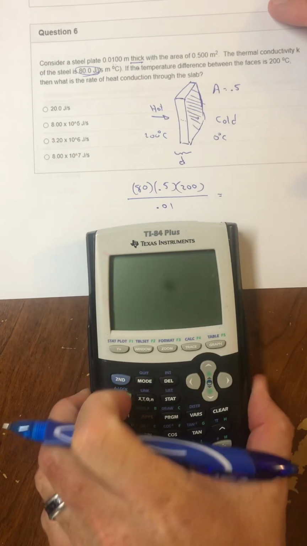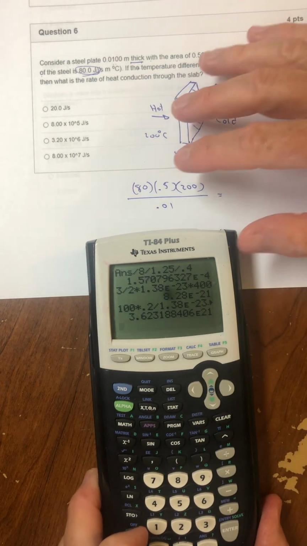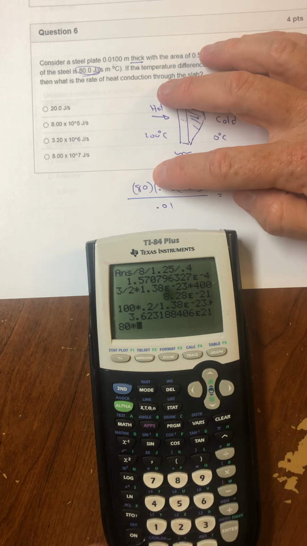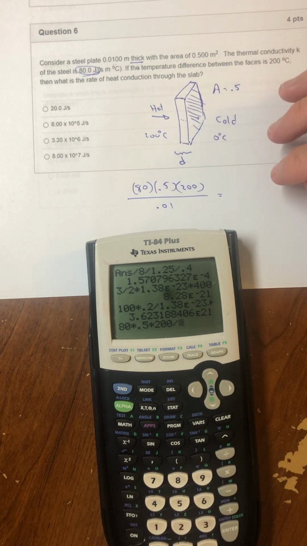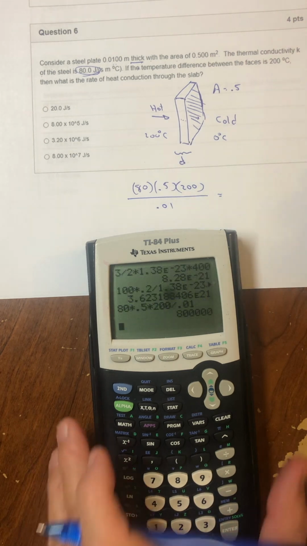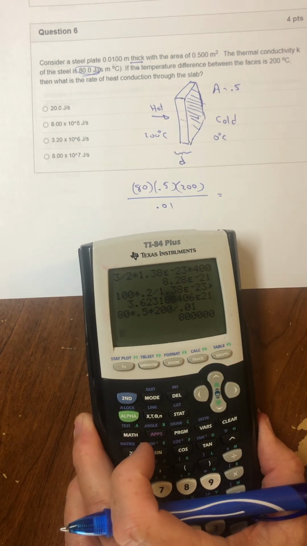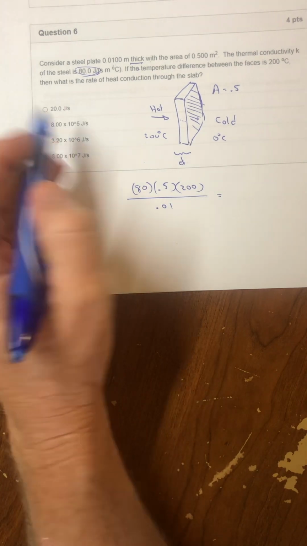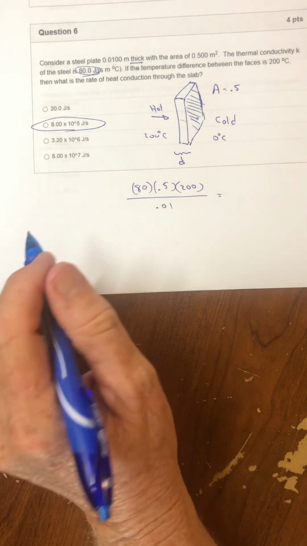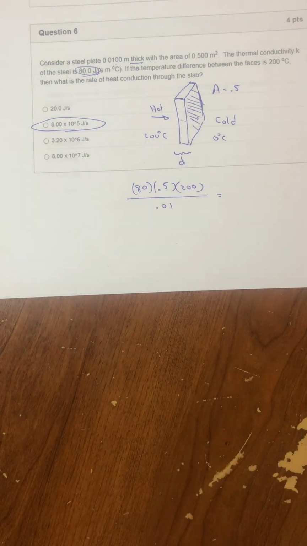And so grabbing my calculator here, I will go 80 times 0.5 times 200 divided by 0.01. And that looks like an 8 times 10 to the 5 joules per second. So it looks like a B for number 6. Nice.